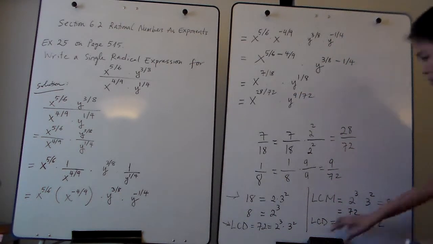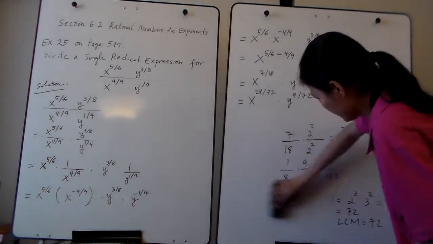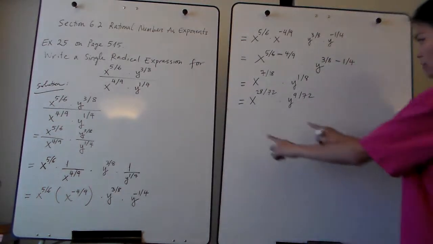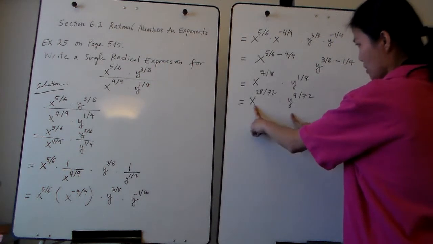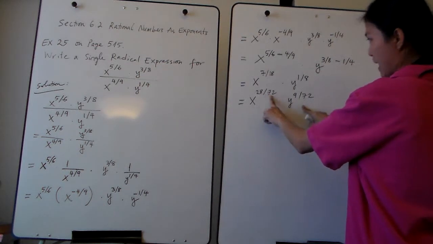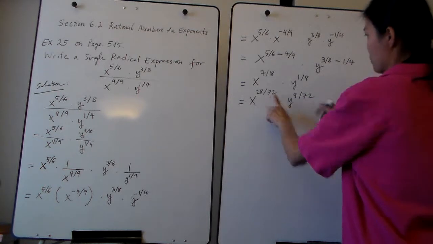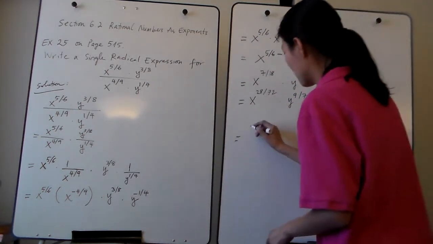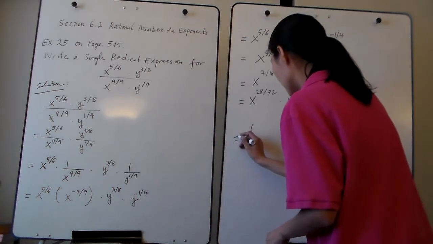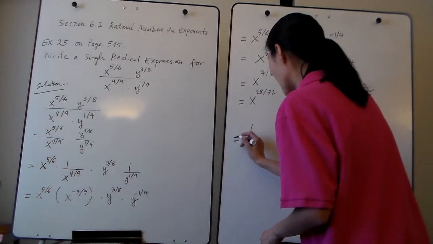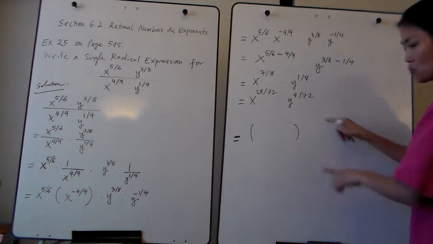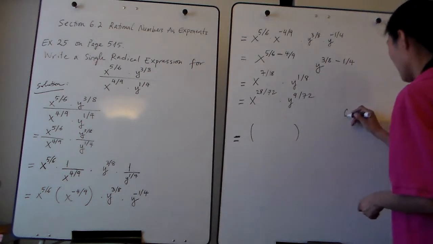Let me make a statement. Once we have two factors with exponents that have the same denominator, which is 72 here, we can combine them into one factor with a common outer exponent using the laws of exponents.